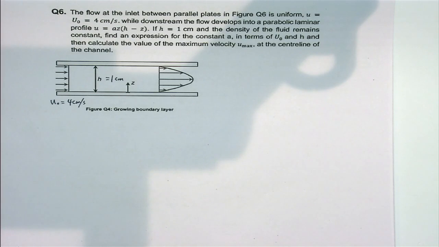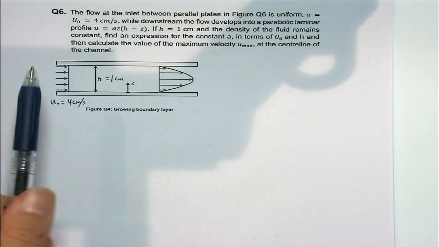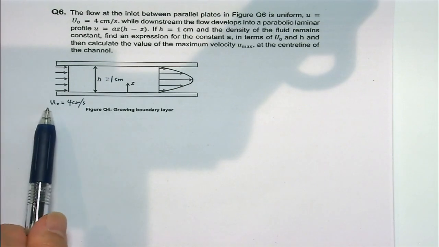But the velocity profile has changed, but something not changed for the whole flow. The mass flow rate, yeah. So the mass flow rate on the left should be the same as the mass flow rate on the right.